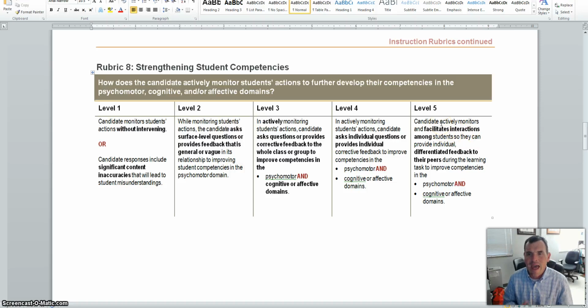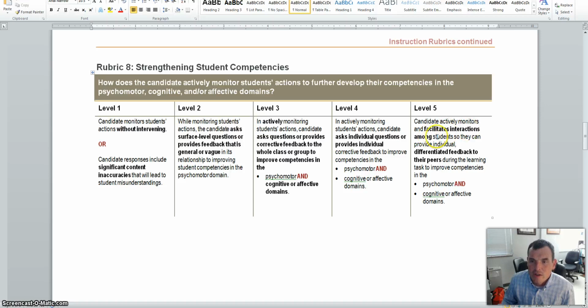Level 5, candidate actively monitors and facilitates interactions among students so they can provide individual, here's the word again, differentiated feedback to their peers during the learning task to improve competencies in psychomotor and cognitive or affective domains. Now, notice the key word here.